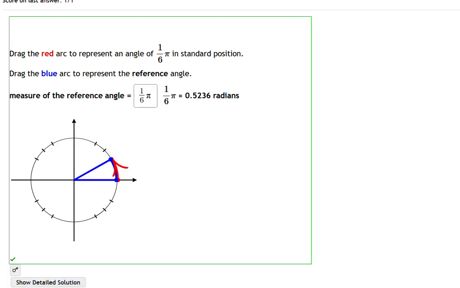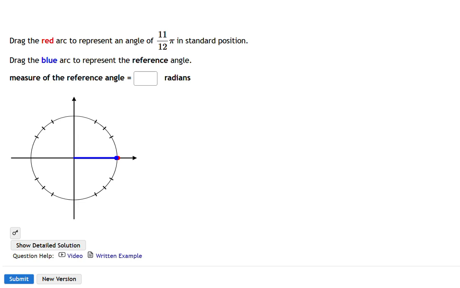Okay, if we go to the second problem, now we have 11 pi over 12. So now it's in terms of fractional units of twelfths of pi. That means we're going to cut this 1/6 in half.